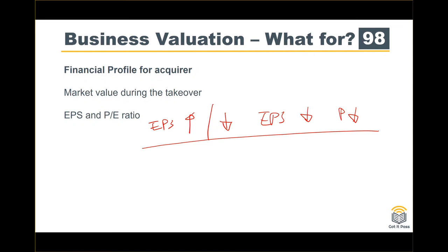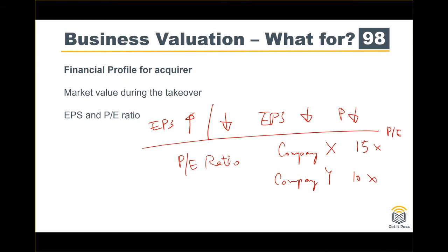For earning per share, even though it is an accounting figure, a lot of people like looking at this indicator. So earning per share still affects people's investment decisions. But the PE ratio is what I would like to talk about here. For example, company X has a PE ratio of 15 times, and company Y has a 10 times PE multiple.